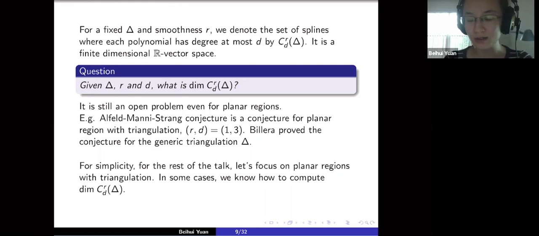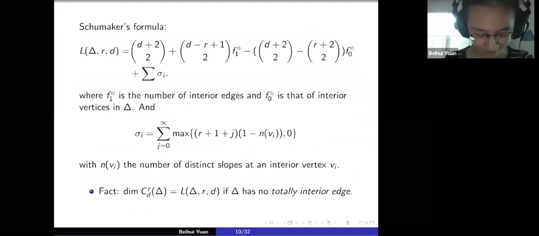The good news is in some cases, we do know how to compute this if we focus just on such cases, okay? Now let me introduce Schumaker's formula. Schumaker's formula is in terms of R, D, and delta. For these two terms, these are just some combinatoric data of delta.